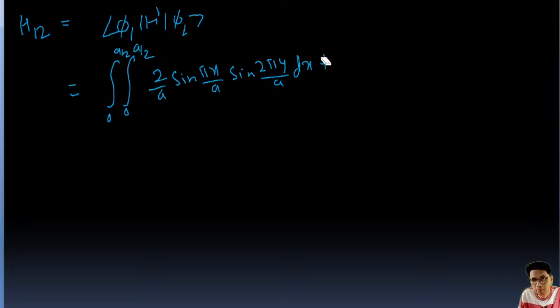So this is, write it together. Value of h dash is v0. Okay, and then phi 2 value is 2 by a sine 2 pi x upon a and sine pi y upon a. Let me check the pair here.